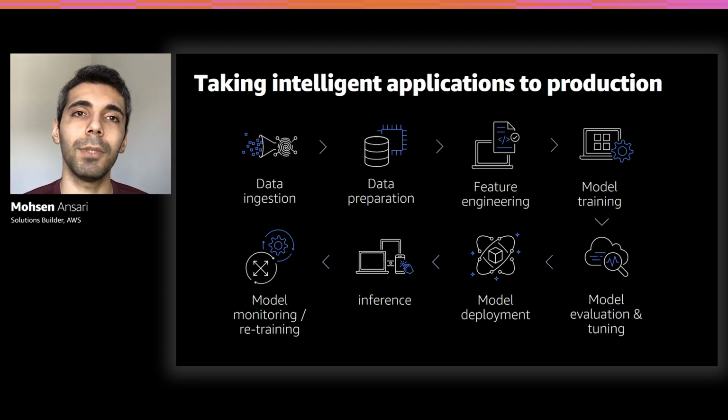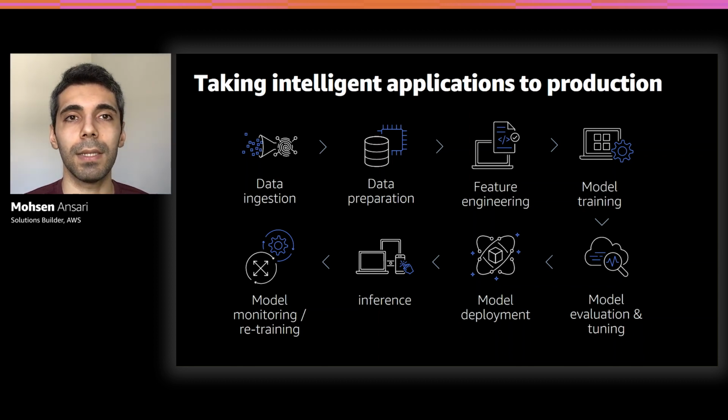The using of that machine learning model, we call it inference. So they can send inference requests to your machine learning model. But one of the main differences between this and regular software applications is that even after the machine learning model is deployed and the users are using it, you may need to go back and retrain your model, and you need to continuously monitor the performance of your model.